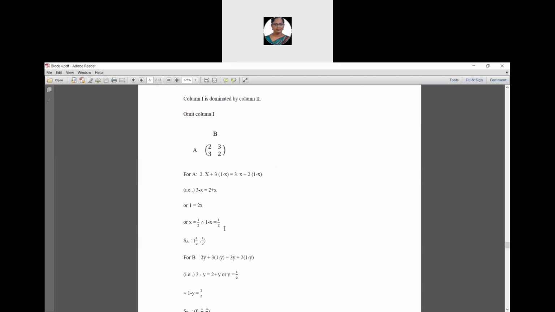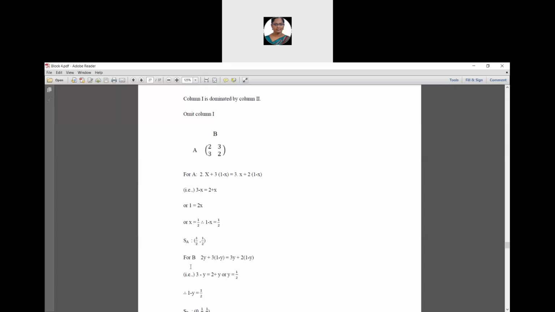For A, strategy for A is 2 times of x plus 3 times of 1 minus x, which is equal to 3 times of x plus 2 times of 1 minus x. So 3 minus x is equal to 2 plus x. So x is equal to half and 1 minus x is equal to half. Strategy for A is half and half.